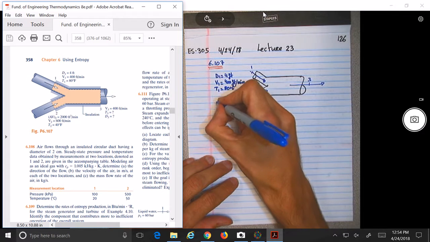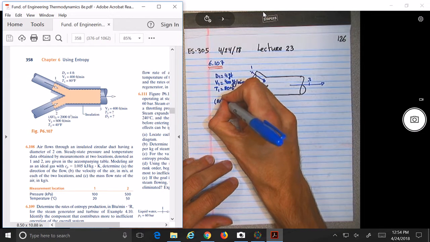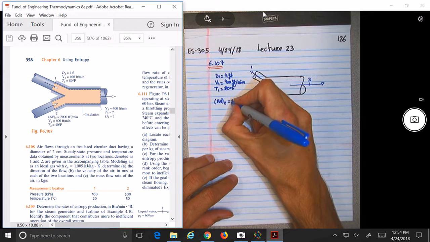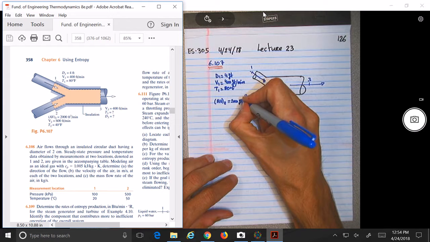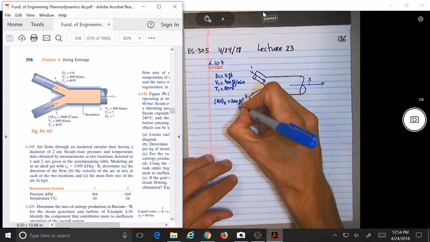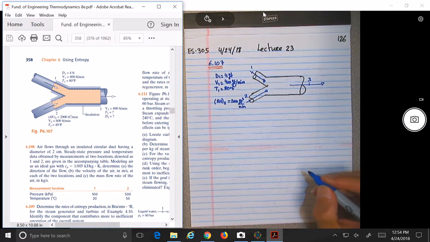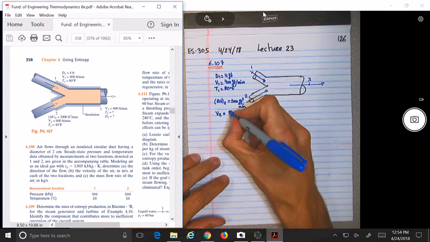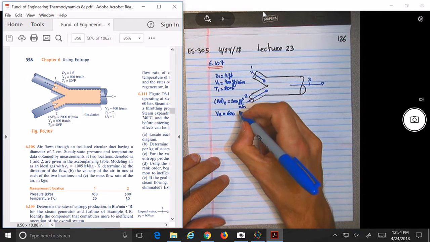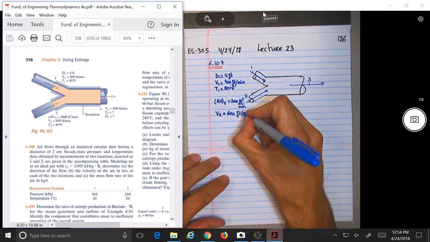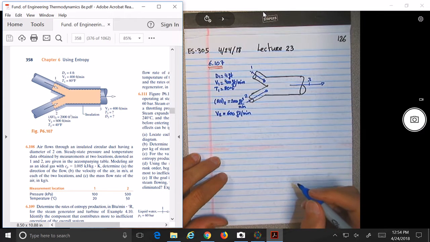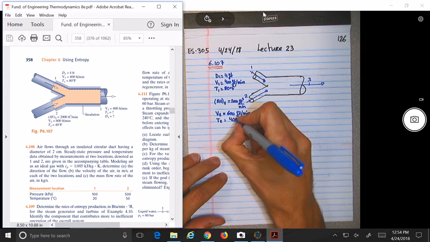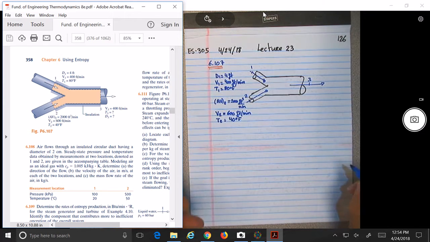For the second one, they gave us the volumetric flow rate, which is AV, equal to 2000 cubic feet per minute. The velocity is 600 feet per minute, and the temperature is 40 degrees Fahrenheit.